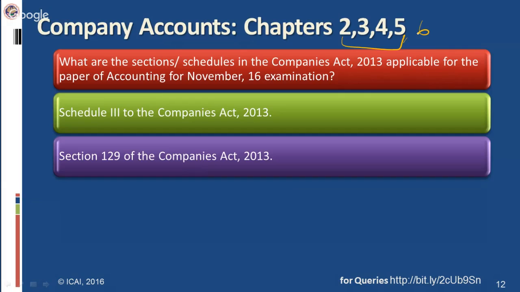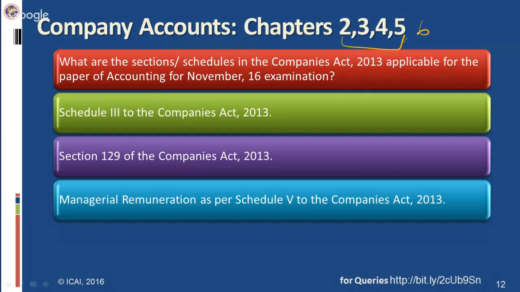What does financial statement mean? Financial statement means statement of profit and loss, balance sheet, statement of changes in equity, and any explanatory notes therein which are relevant for preparation of financial statements. So this schedule is very important to be remembered.